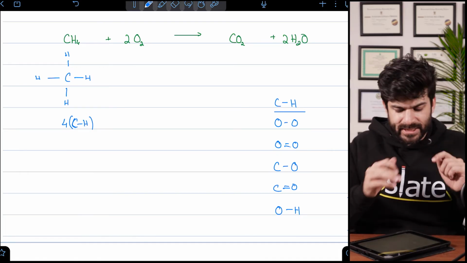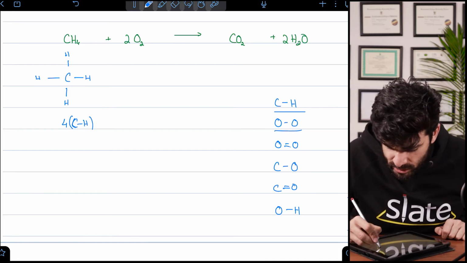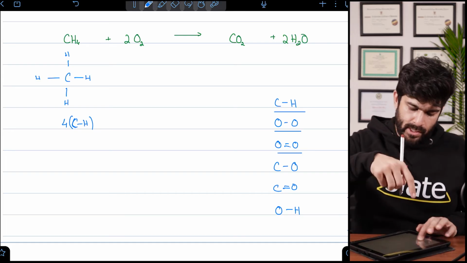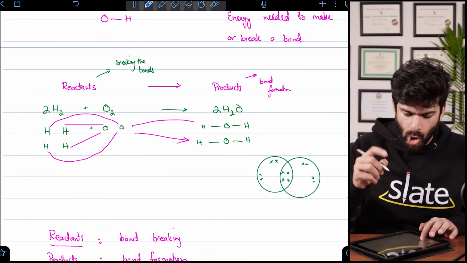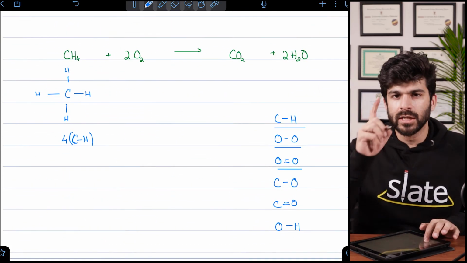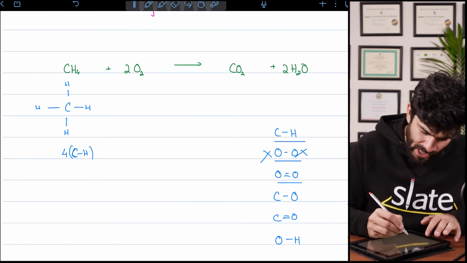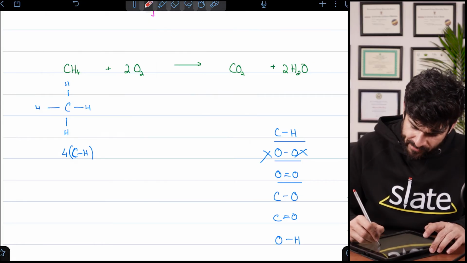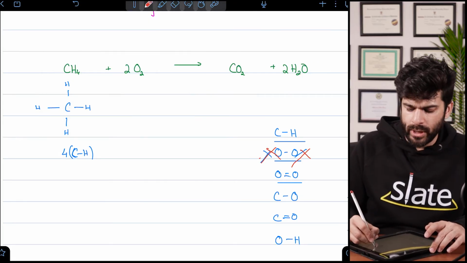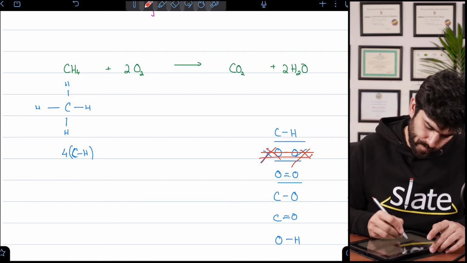Now, in this case, do we use oxygen single bond or double bond? In this question, we talked about how oxygen makes a double bond, not a single bond. This is a wrong value. It can be given just to confuse you. No need of oxygen single bond value.